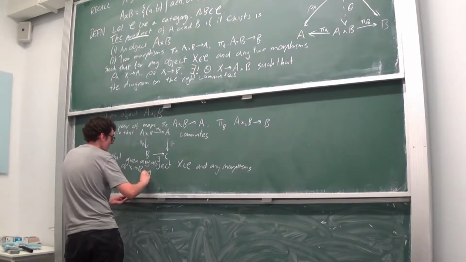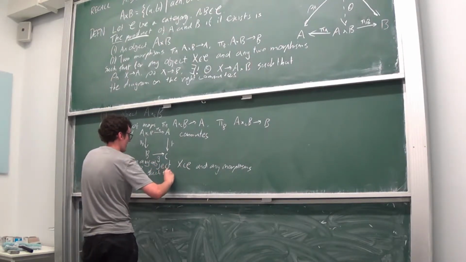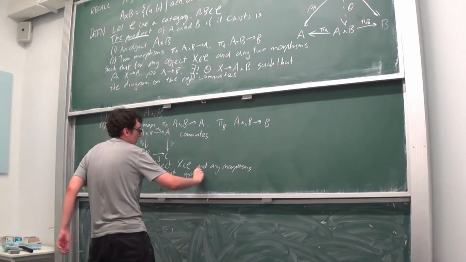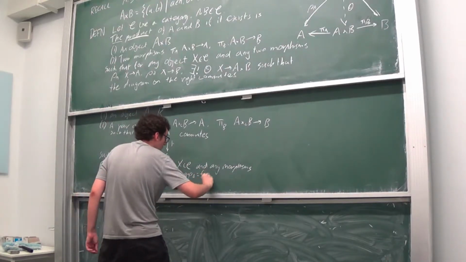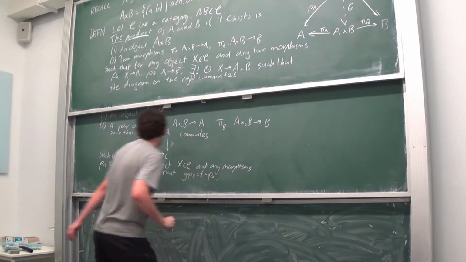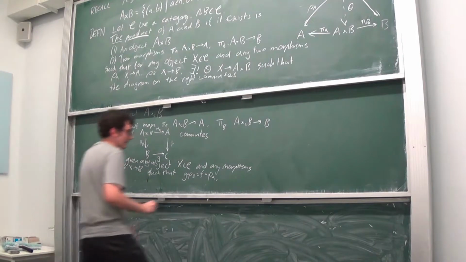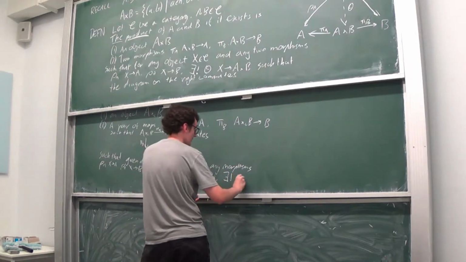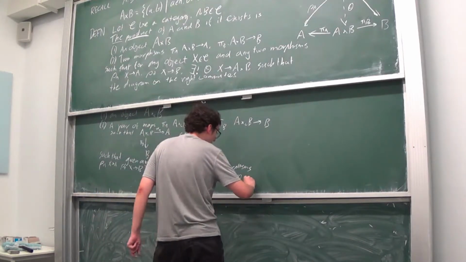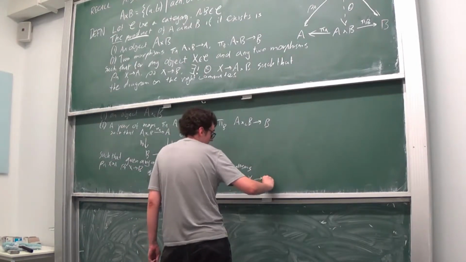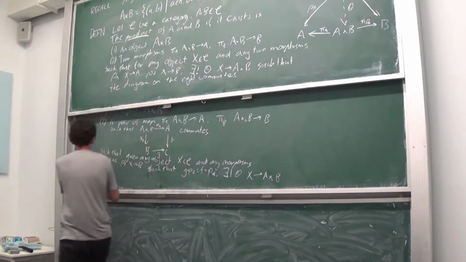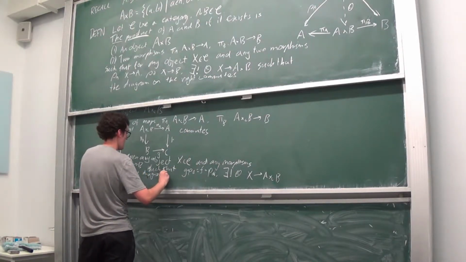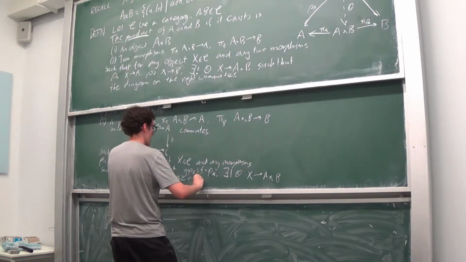It's so that G following rho B is equal to F following rho A. So given any object and any two morphisms satisfying that property, there exists once again a unique theta which goes from X to the pullback, such that the diagram on the right commutes.